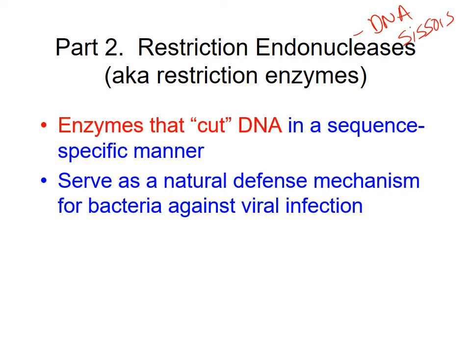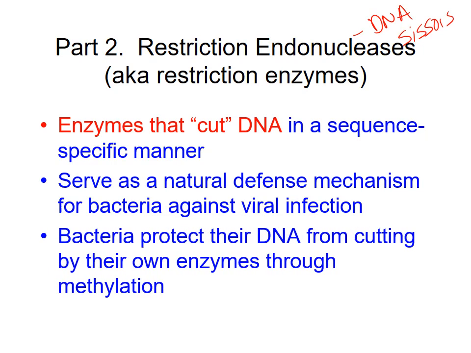And it was used against the defense of viruses coming in. The restriction enzymes cut the viral DNA up into pieces so that it wasn't able to go through its normal viral activity, taking over the cell and making copies of itself. If it's in pieces, it can't do that. So the bacteria protect their own DNA from cutting by using something known as methylation, and that's basically methyl groups that protect those segments of DNA.